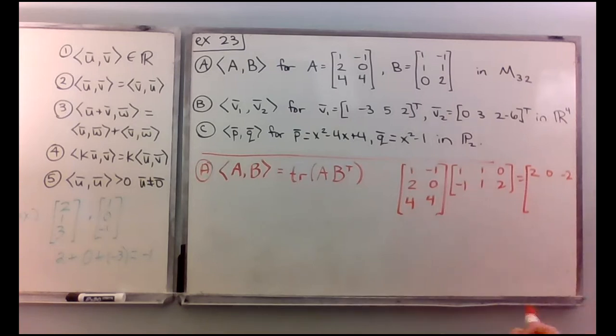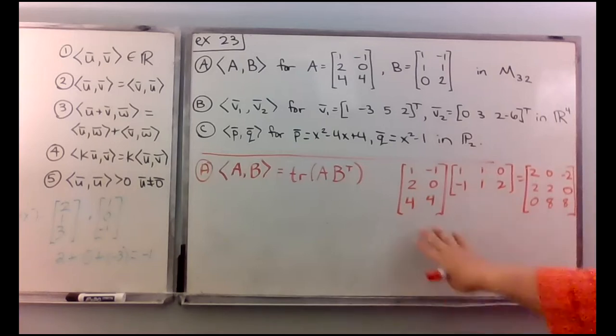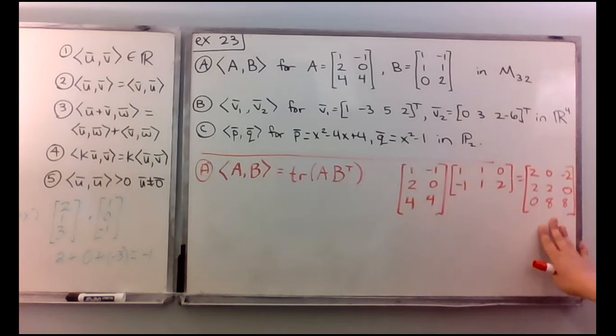And we're just going to continue multiplying. So I'm going to get 2, 2, 0. 4 minus 4 is 0. 4 plus 4 is 8. And 0 plus 8 is 8. So if I multiply A times B transpose, I end up with this 3 by 3 matrix.